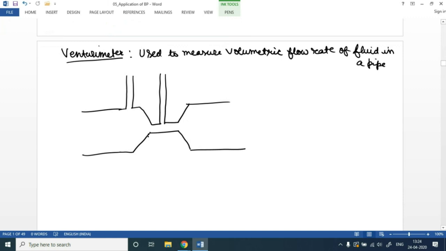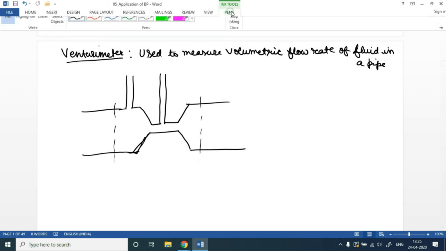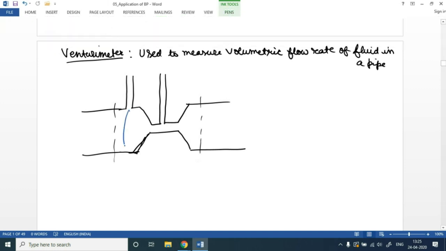You can see that this installation basically changes the cross-sectional area. Let's say here the cross-sectional area is A1, and here the cross-sectional area is A2. You can clearly see that A1 is greater than A2.